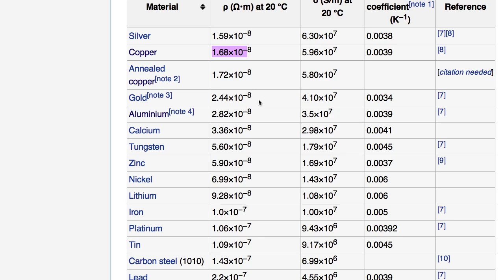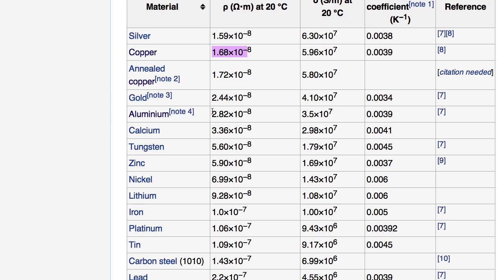Gold has a higher resistivity, meaning higher resistance. The point of using gold there is that there's not a degradation in the metals, the corrosion. There's the word. It corrodes less easily than copper does.